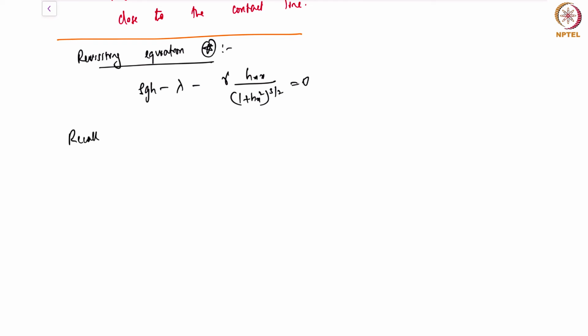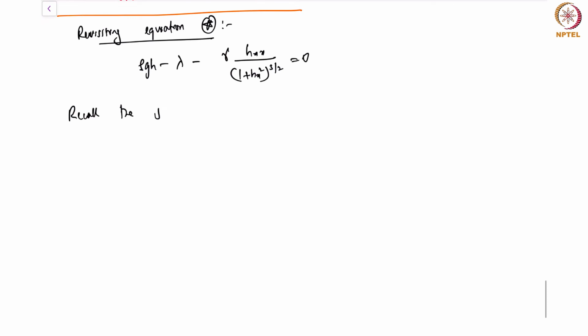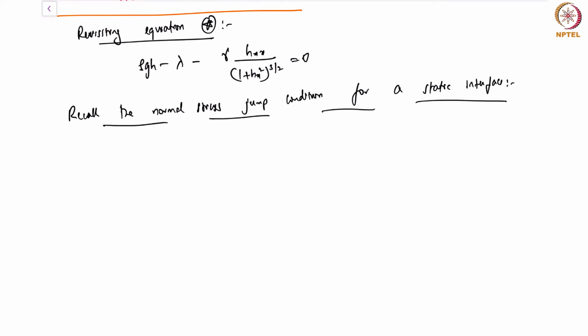Now let's recall the jump condition, or rather the normal stress jump condition for a static interface. What did we have here?